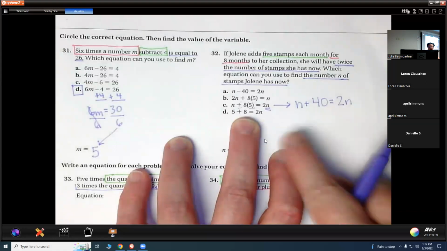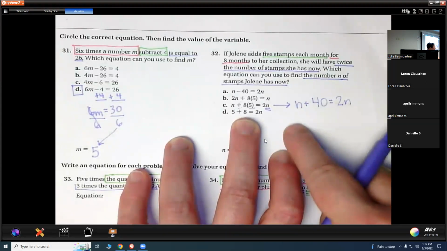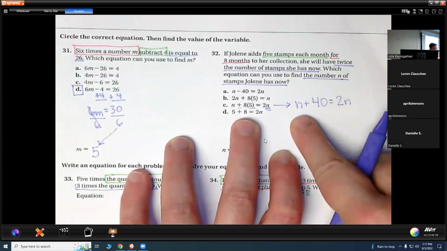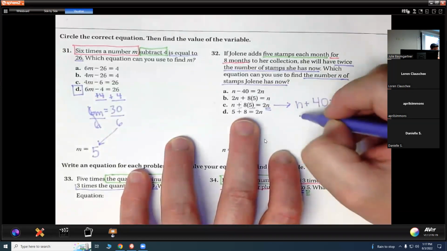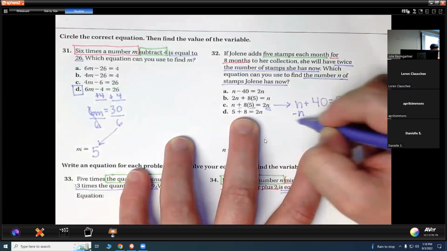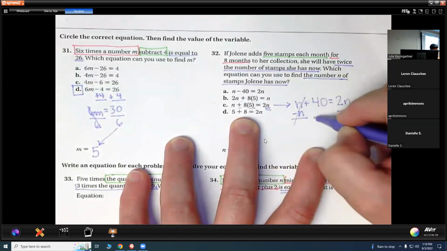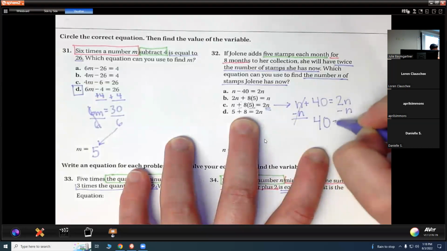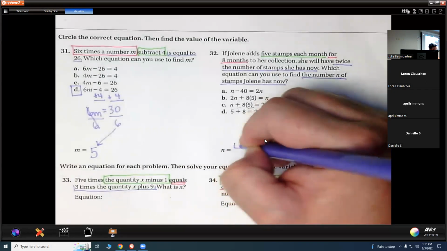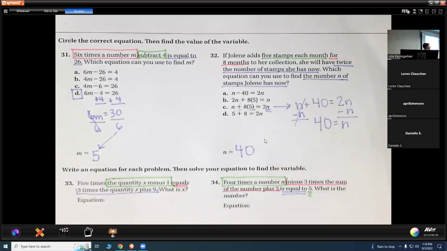I see that I have like terms on either side of my equal sign. My n is smaller than 2n, so I'm going to subtract n from both sides. 2n minus 1n is n, so n equals 40.